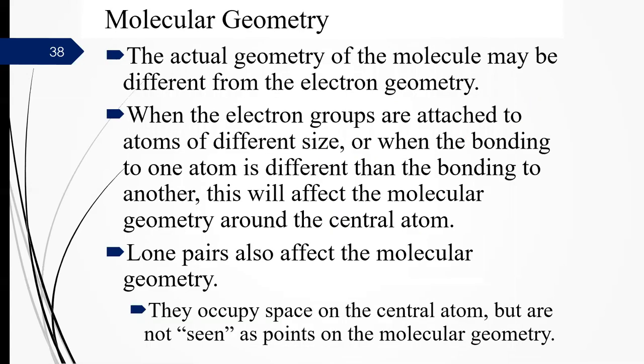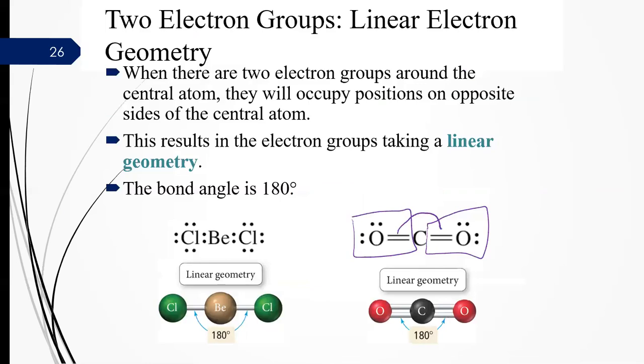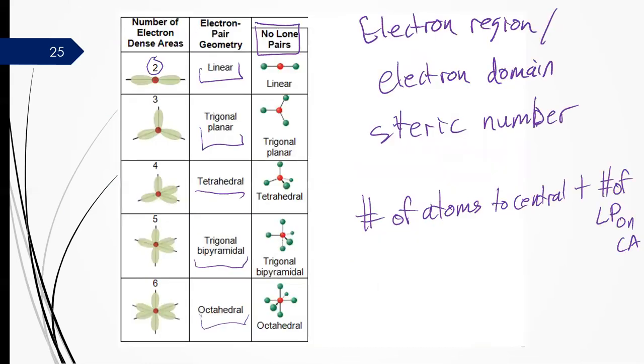Now, what we had shown you were all of our electron geometries. So these are our electron geometries. This is when we treat them all as being the same, whether a lone pair or atom. There we go, now I got the pen back.